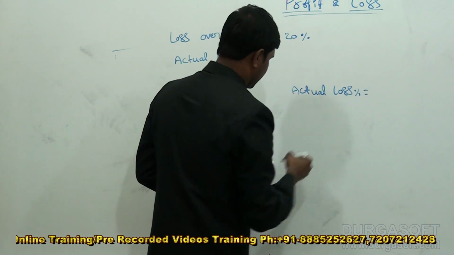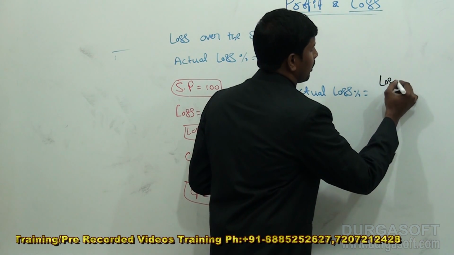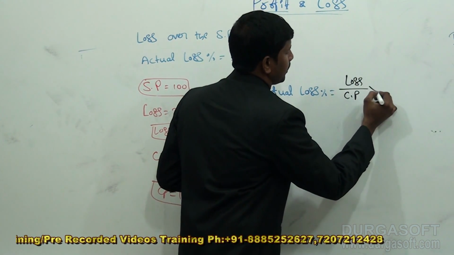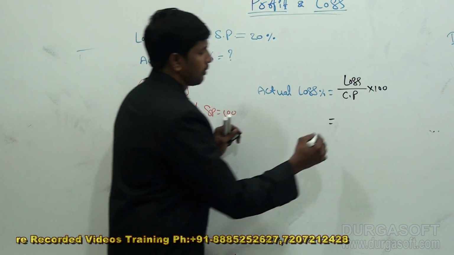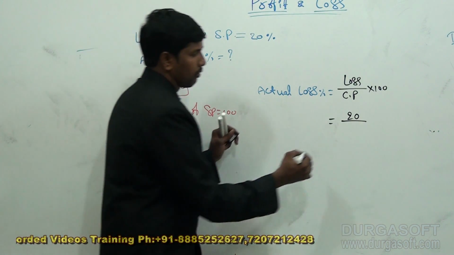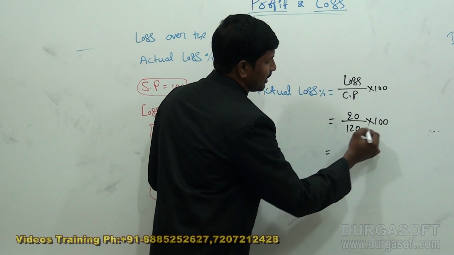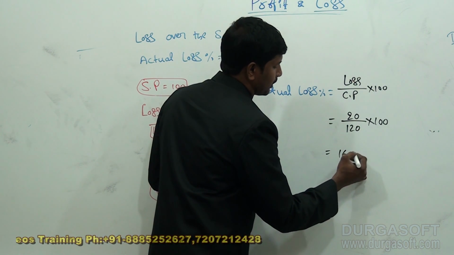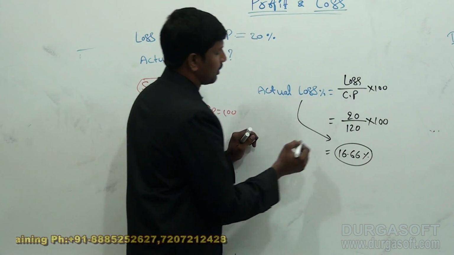Actual loss percentage, how I can calculate is the loss we got by cost price into 100. The loss is nothing but 20 by the cost price, which is 120, into 100. So 1 by 6 into 100 is giving us 16.66% as the actual loss percentage.